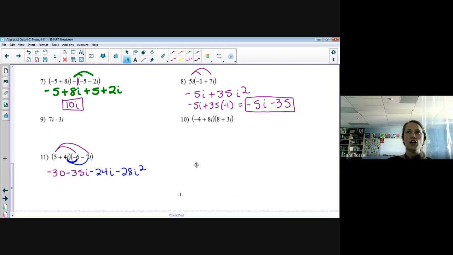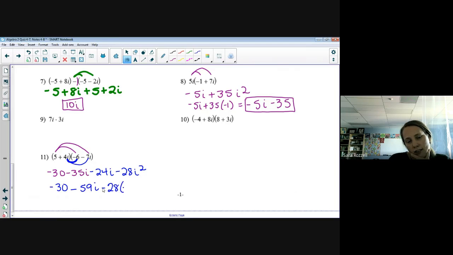Are there any like terms we can combine that have the same variable in power? The ones that are in the middle, right? We can combine those together, okay? And we also see an i squared, and what does that i squared need to become? A negative 1, okay. So negative 30, minus, what's 35 and 24? That's 59.